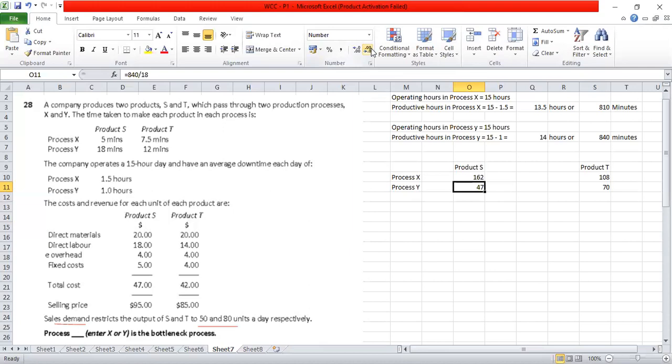So the process Y constraint is not only in respect to product S, but that's the case even with product T. For product T, the demand is 80. They have a possibility to sell 80 units, but with the available 840 minutes, they would be able to manufacture only 70 units. So which one is a constraint?